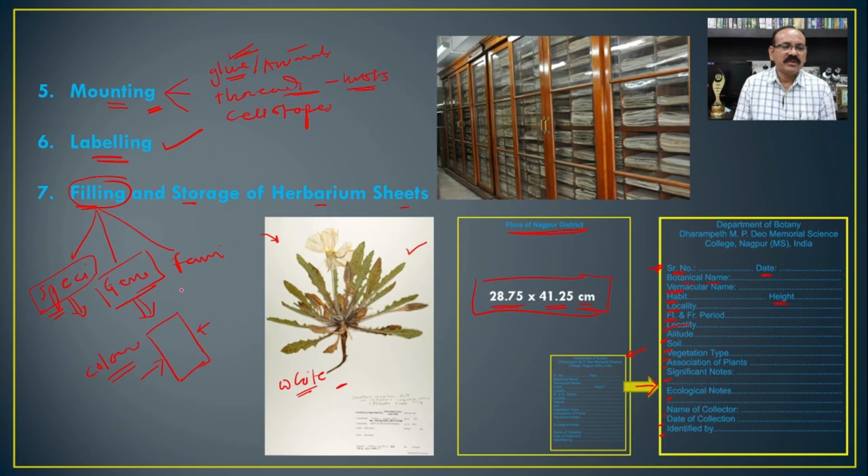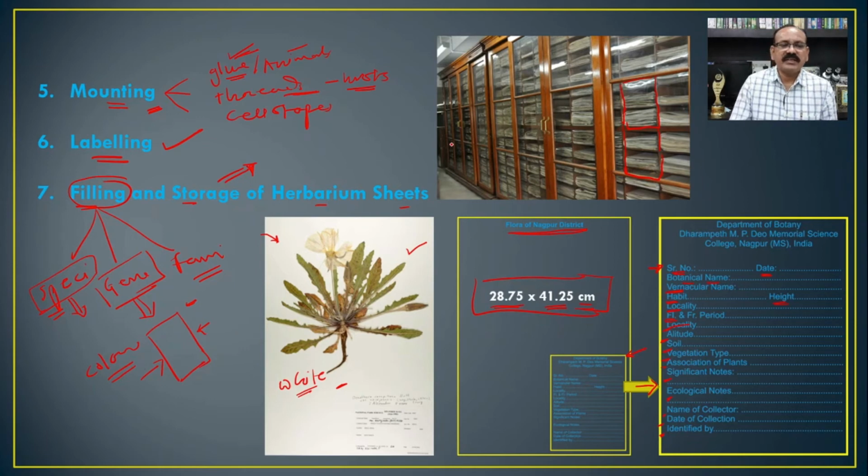Later on, these different pockets should be kept according to the families, and in this way there will be the formation of the filing of these different herbaria. And then there is storage of such pockets of the herbarium in the available pigeonholes in either wooden or steel almirahs available in the storehouse.